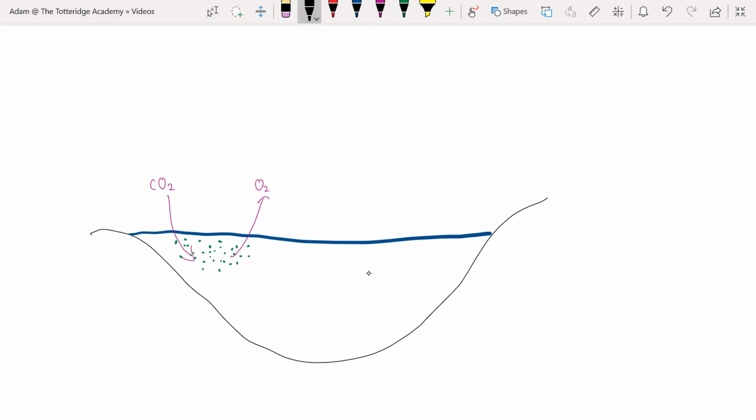So we could write: early atmosphere, and this is 4.6 or so billion years ago, would be mostly, over 90% carbon dioxide. Today, about 0.04% is carbon dioxide.